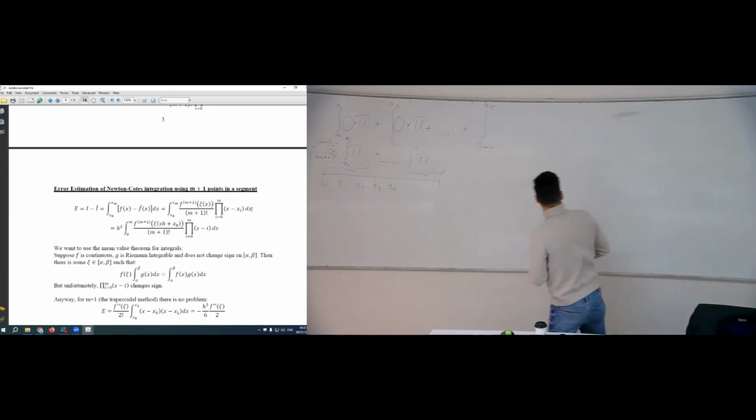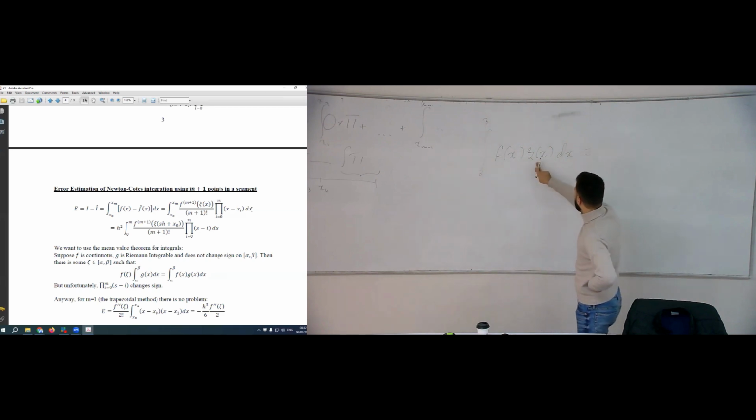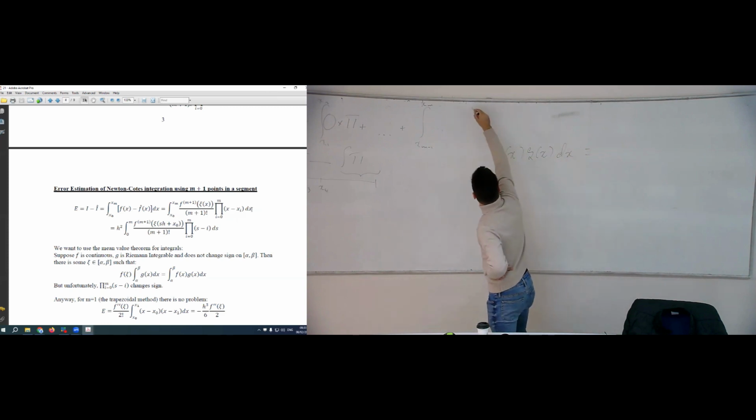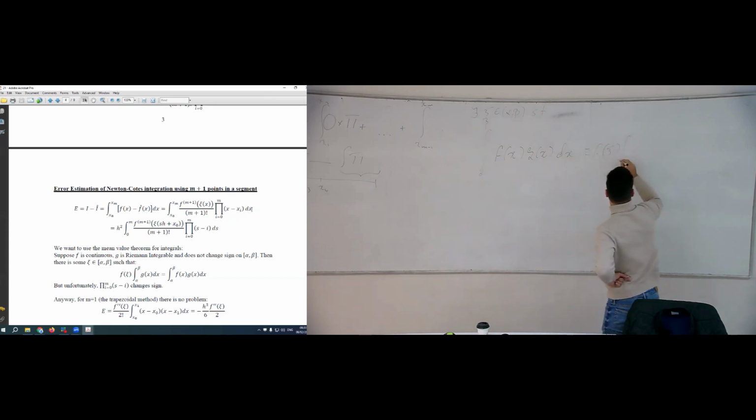The mean value theorem says that if we have f of x multiplied by g of x dx from alpha to beta, if f is continuous and g is Riemann integrable and doesn't change sign, this equals f of psi at some psi in alpha beta, such that f of psi times the integral from alpha to beta of g of x dx.